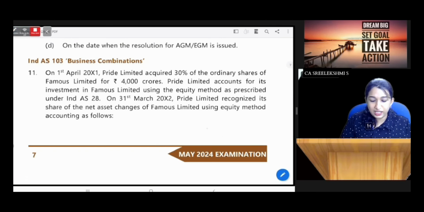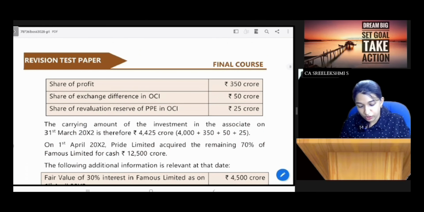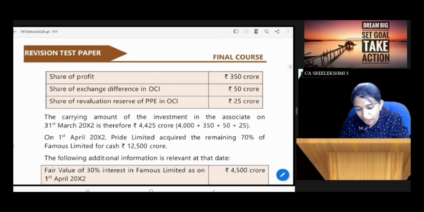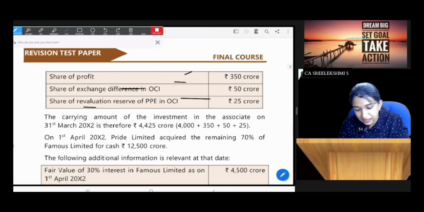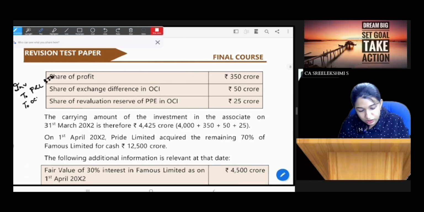Initially at cost, then add share of profits. They added 350, exchange difference in OCI 50, revaluation reserve 25. So what are the journal entries to be passed here? Investment to P&L 350, investment to exchange difference in OCI 50, investment to revaluation reserve in OCI 25.